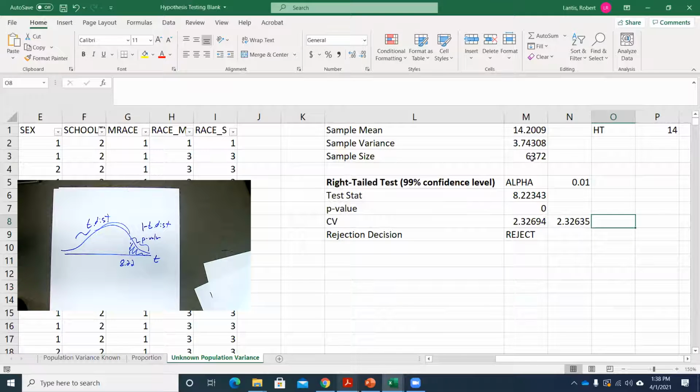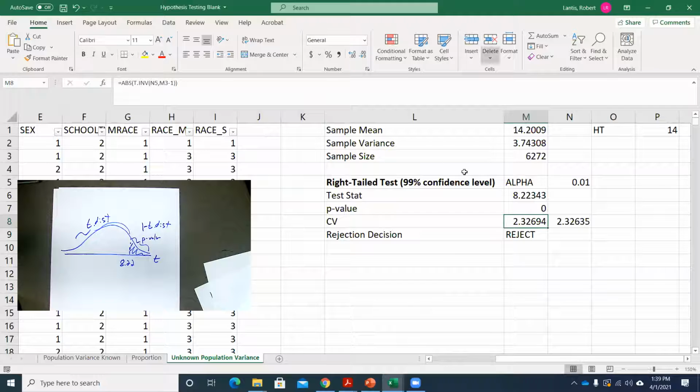So with such a high sample size, using the standard normal is a pretty good approximation for the student t distribution, right? We're only off at the fourth decimal point. It's the same kind of thing we were doing, just instead of norm.s.dist and norm.s.inv, we use t.dist and t.inv. Okay?